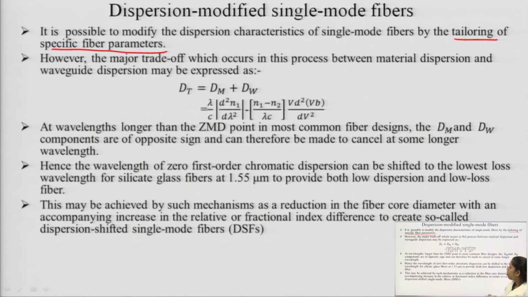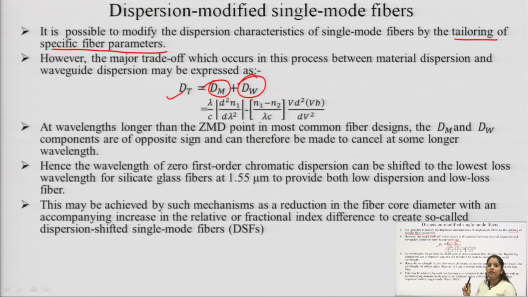However, the major trade-off in this process is between material dispersion and the waveguide dispersion. In a single mode fiber, only intramodal dispersion exists, which comprises waveguide dispersion and material dispersion. So, total dispersion will be equal to the material dispersion parameter and the waveguide dispersion parameter.